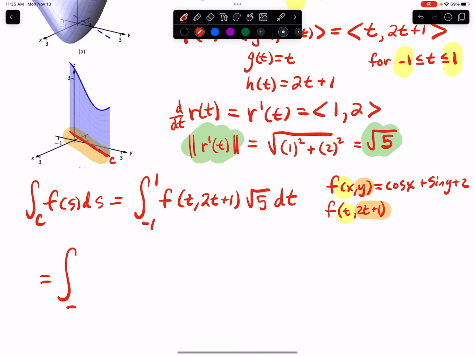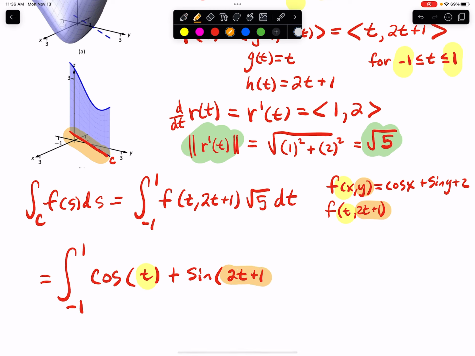So this becomes the integral from negative 1 to 1 of cosine t, okay, plus the sine of y. Now y is what? 2t plus 1, plus 2. And all of this gets multiplied by the square root of 5 dt. Okay?